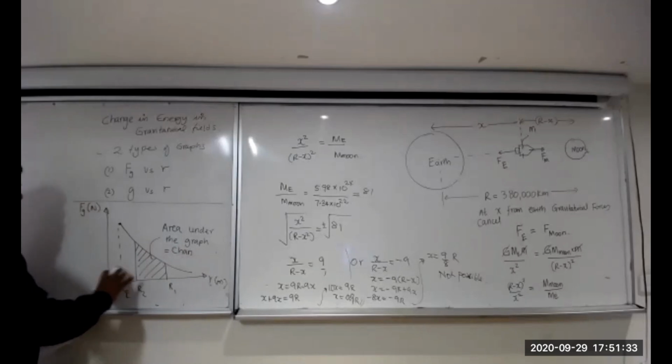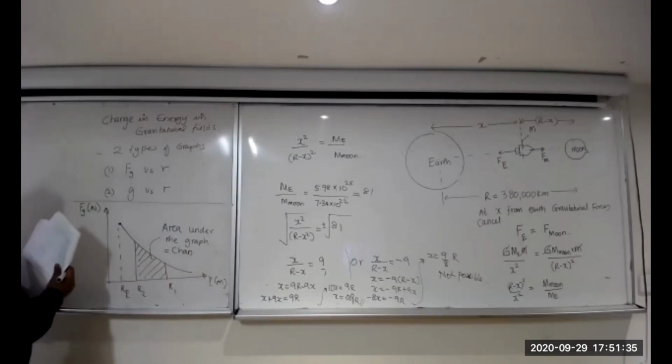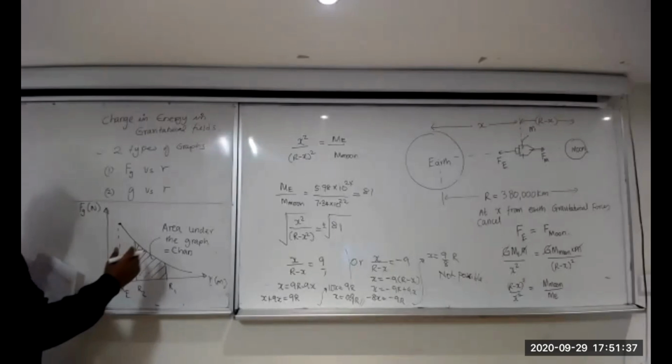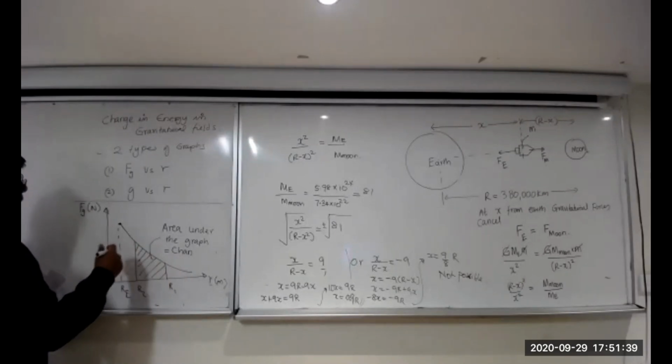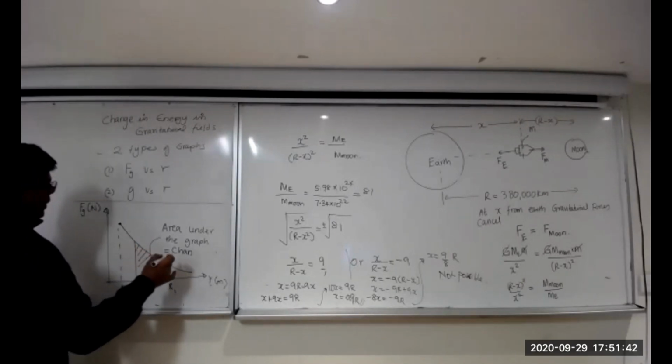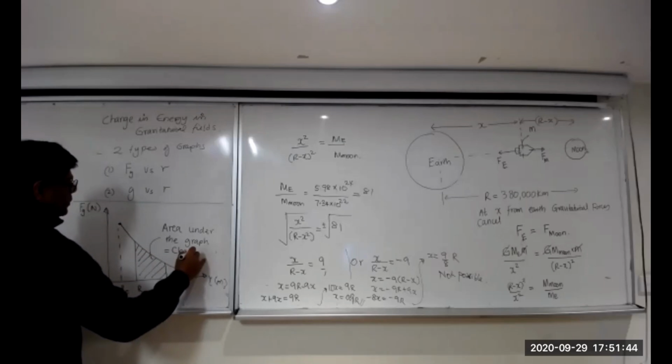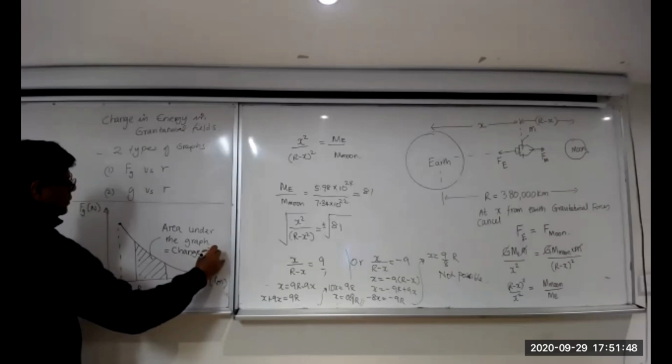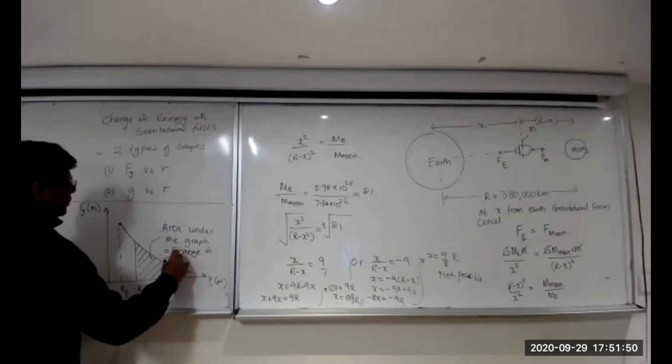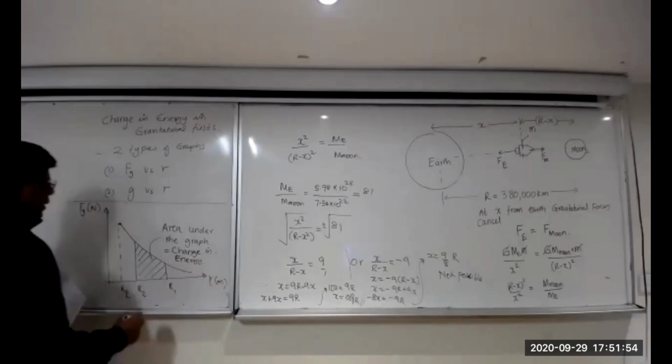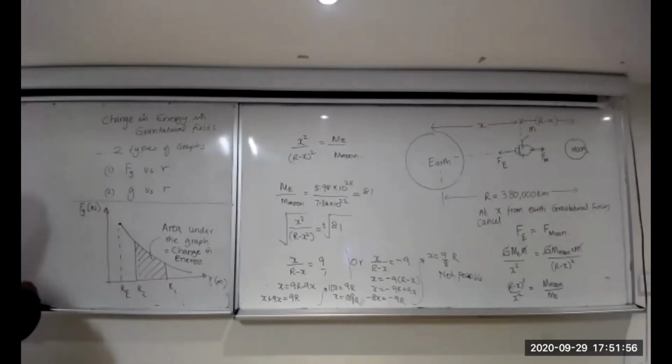When you're moving away, you're gaining gravitational potential energy. When you're coming close to the object, you're losing GPE but gaining kinetic energy. So maybe make a note somewhere.